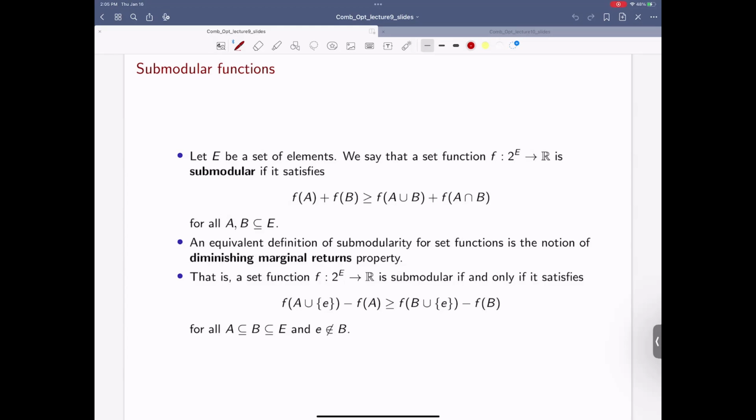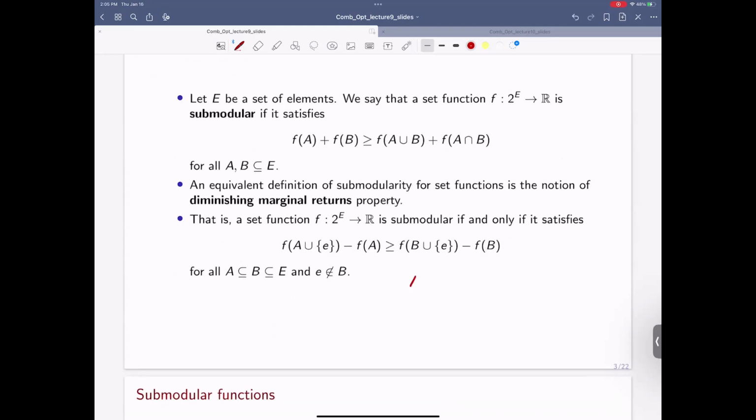Let me draw a Venn diagram. So we have A and B. Now we are adding a new element E, and you can prove that for set functions, a function satisfying the first inequality is equivalent to satisfying the second set of inequalities. You can prove this.